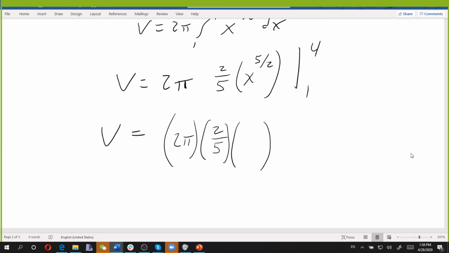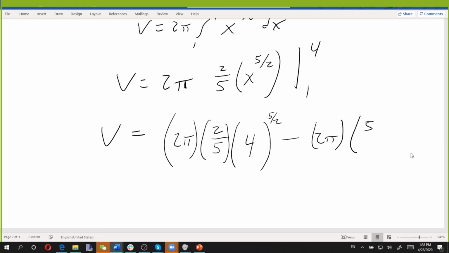So I'm going to plug in my upper bound first, actually. This will be 4 to the power of 5/2. Okay, and then we'll do the same thing and subtract the lower bound to the other side.